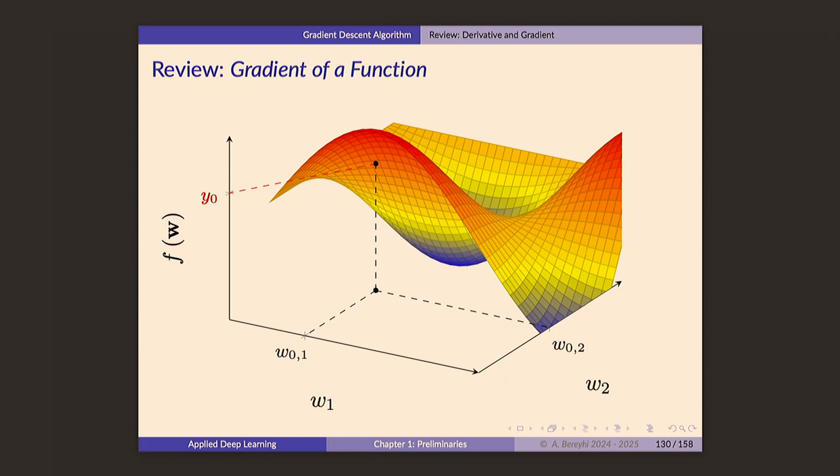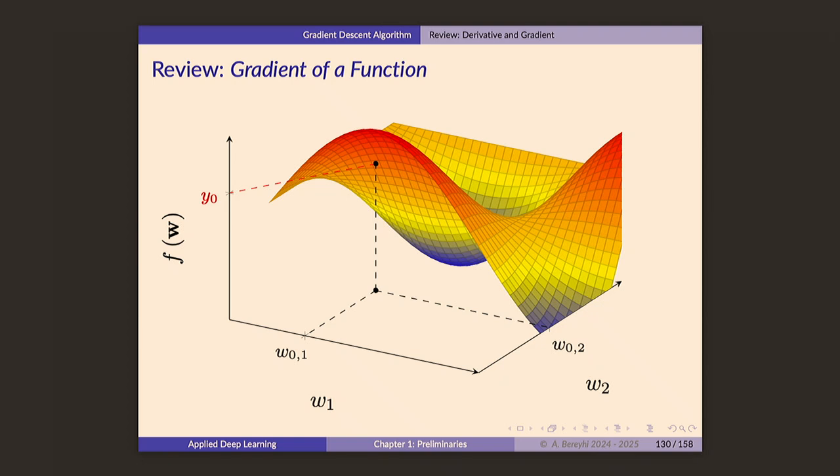And then if I change, this function could change, right? Now I have a three-dimensional landscape. So this is my function, and this is one particular point. So this is W01, the first component of the vector W0. This is W02, the second component. And if I do know them, I can specify the point where I am computing my function, right?